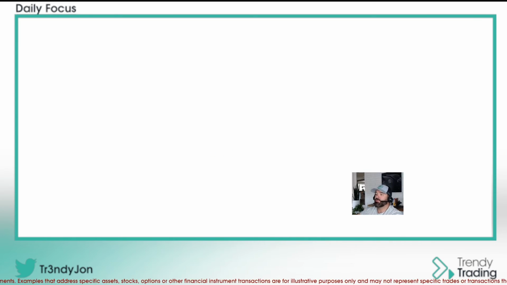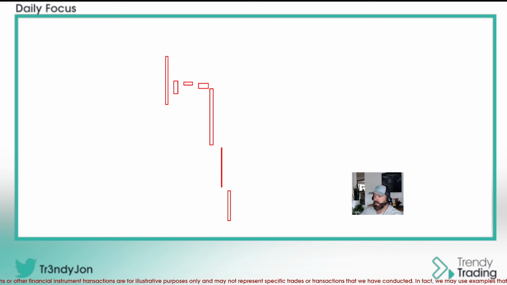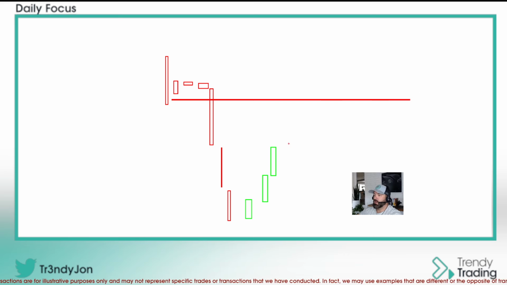Let me just show you really fast what that looks like. So say we have resistance. We're going to do some candles here, and we did this thing, and then we're coming back. And let's just say that my resistance is right around here. All right, now we closed here. And so typically what I'm looking for is for this to be a target on a gap up.